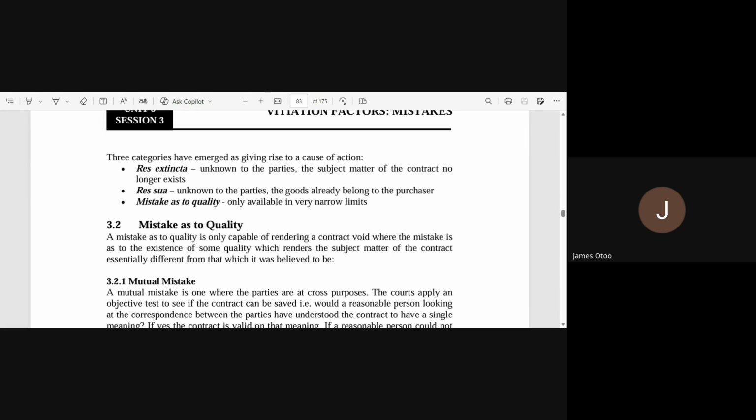And mistake as to quality is only capable of rendering a contract void if the mistake is as to the existence of some quality where the subject matter of the contract is essentially different from that which it was believed to be. So if it turns out that the quality that you are looking for is absent, without that quality, the thing doesn't stand. There's a mistake. So these are the various types of common mistake.